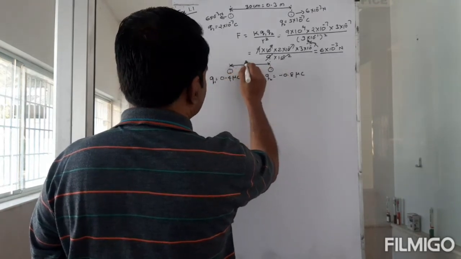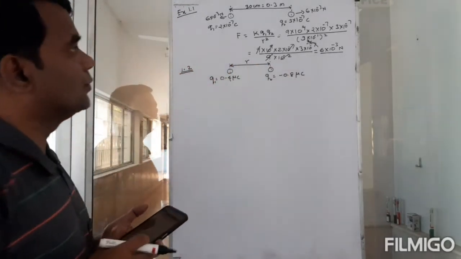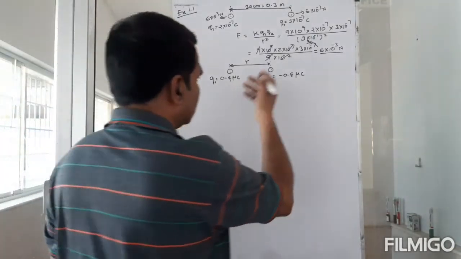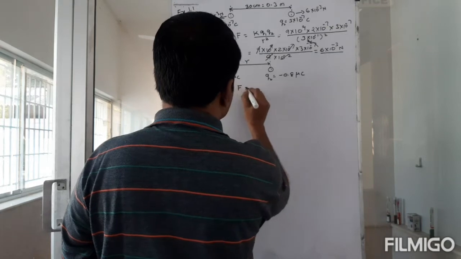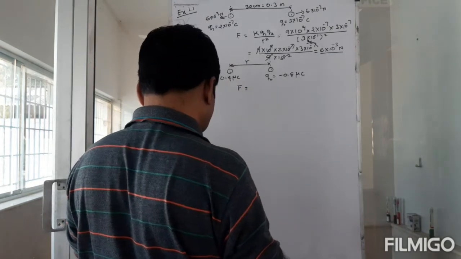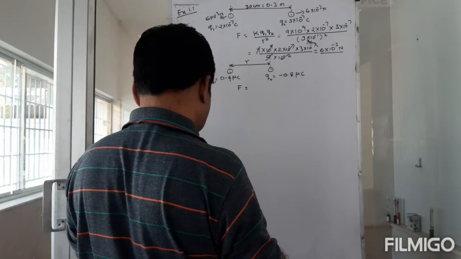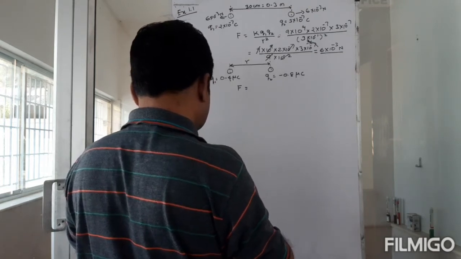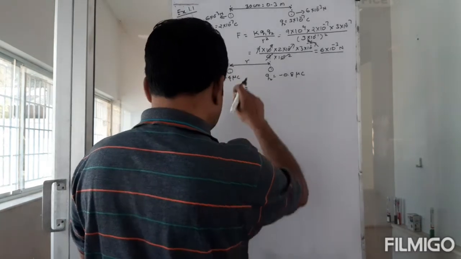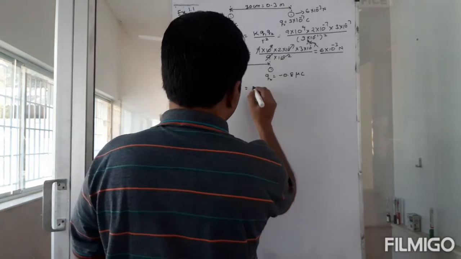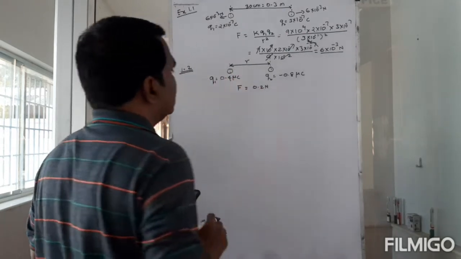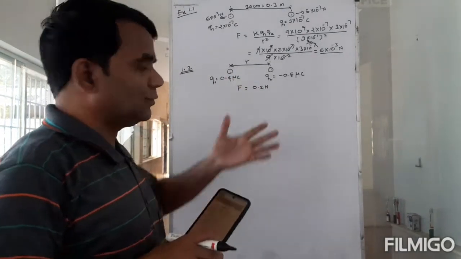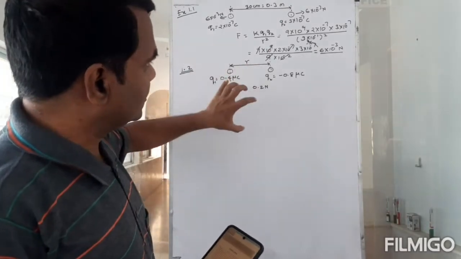So what have they given you? They said that the force acting on the 0.4 microcoulomb charge is 0.2 Newton. 0.2 Newton is the force acting on it. So this is the problem.